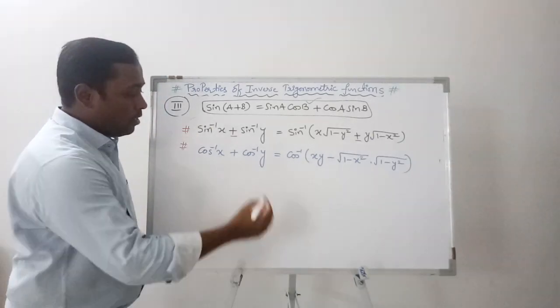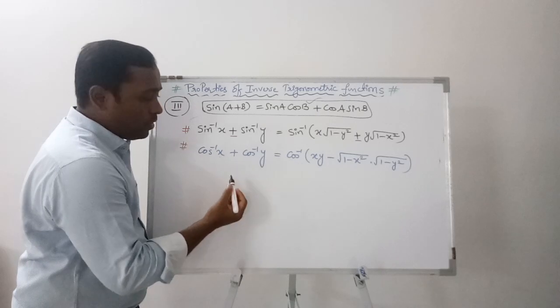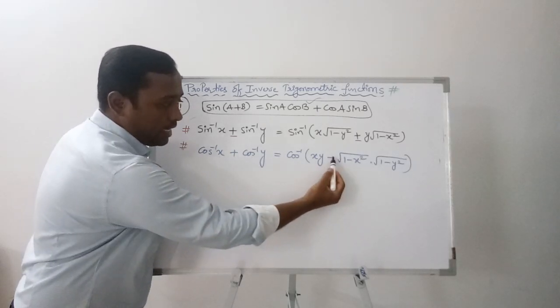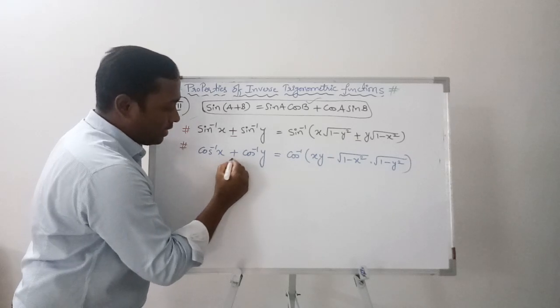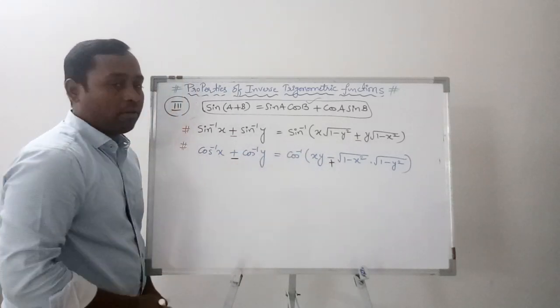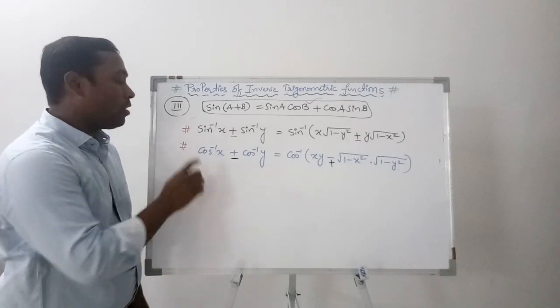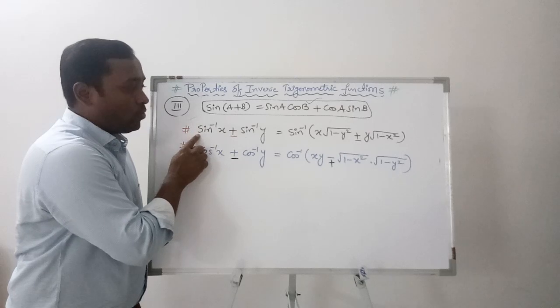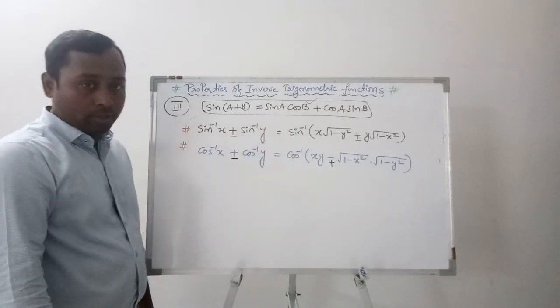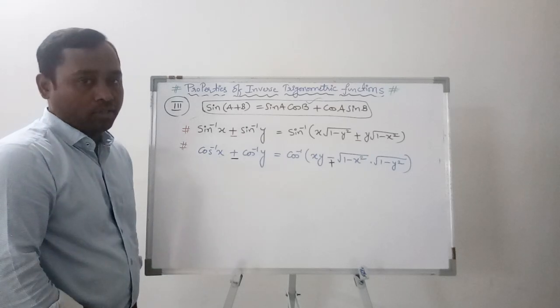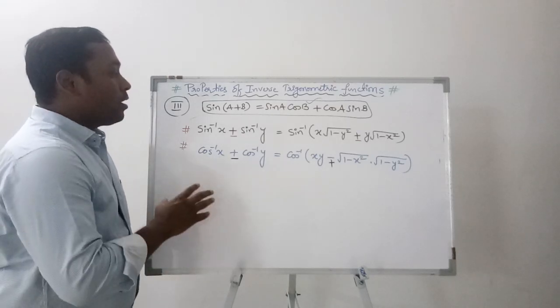Now if you observe the sign, if it is a sum of cos inverse, the middlemost sign is negative. And if it is a difference, then it will be positive. The opposite sign will follow while dealing with cos inverse formulas, but in sin inverse formulas, the same sign will be followed. In a similar category, I can also write for tan inverse x and tan inverse y.